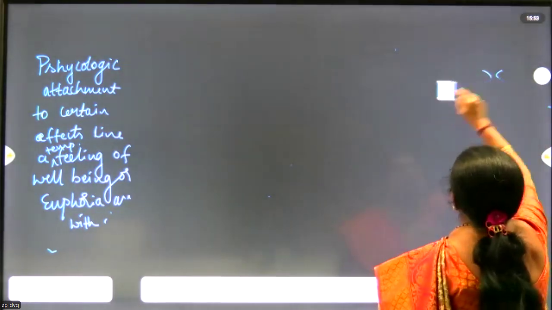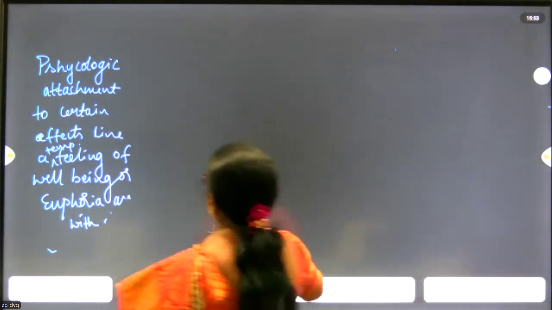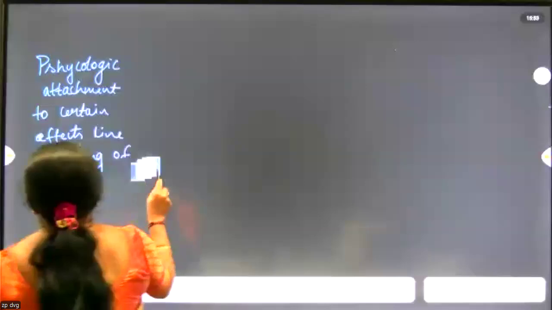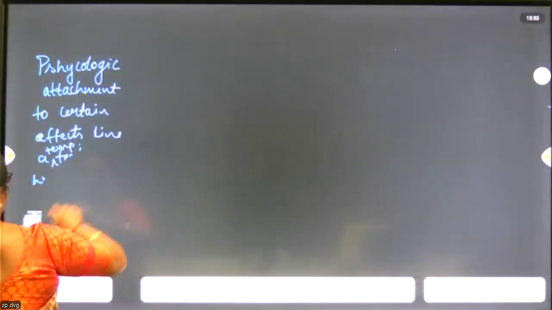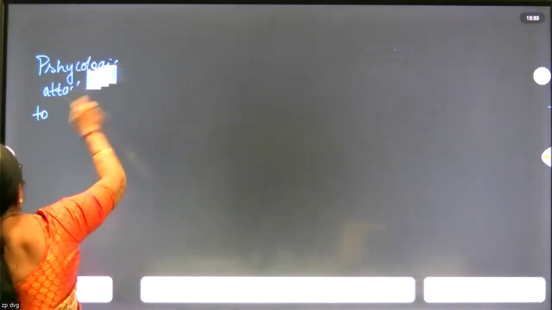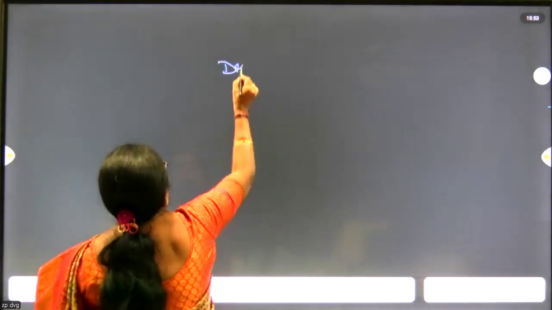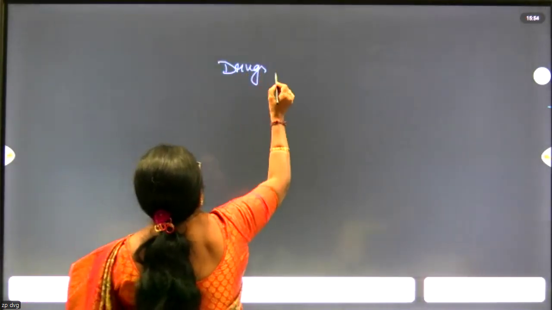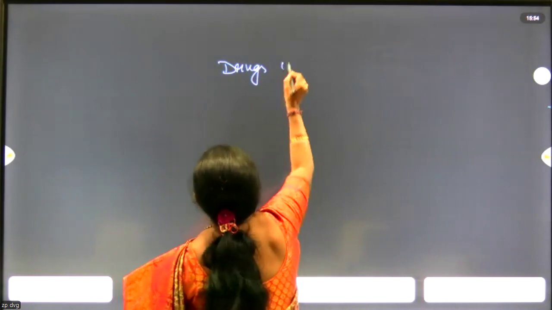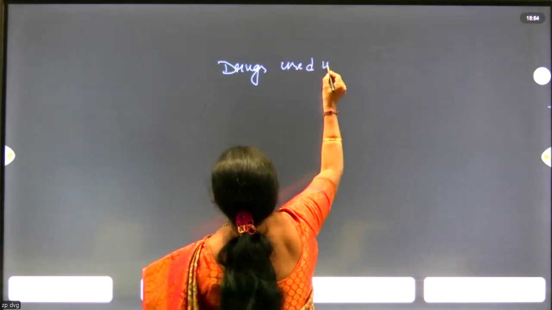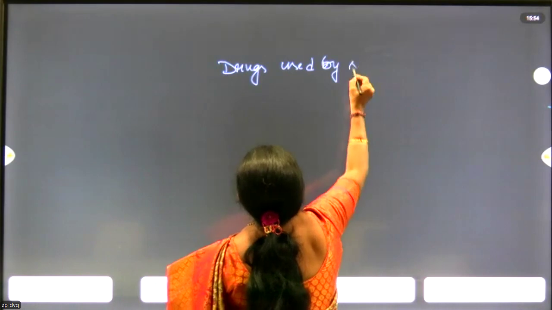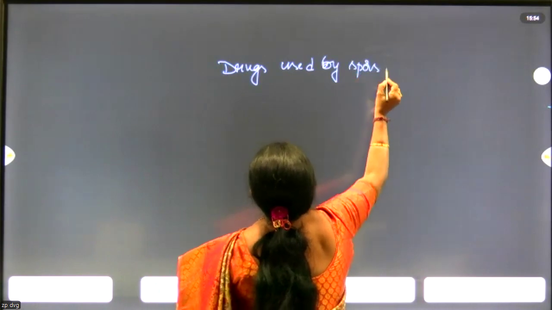For all these reasons, sports persons also take some drugs, like analgesics, steroids and diuretics. These are drugs used by sports persons.